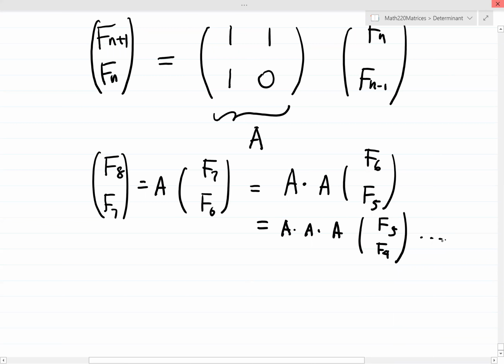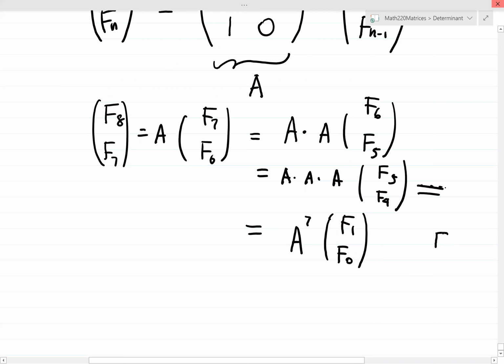How many A do we have? So this is A to the power 8. So let's do A to the power 7, F1, F0. The only thing, F1 is 1, F0 is 0.